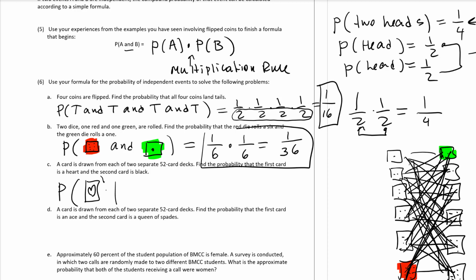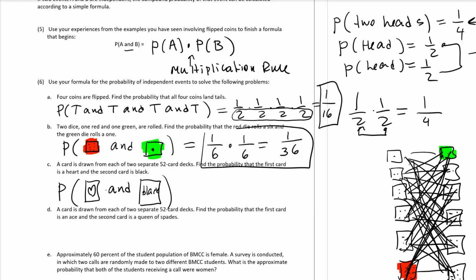When it comes to colors, half of the cards are black and half are red, so we'll assume half black and half red. What would be the probability that the first card is a heart and the second card is a black card? I'll give you a moment.